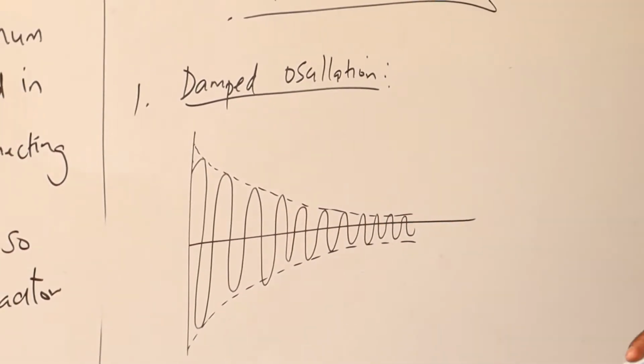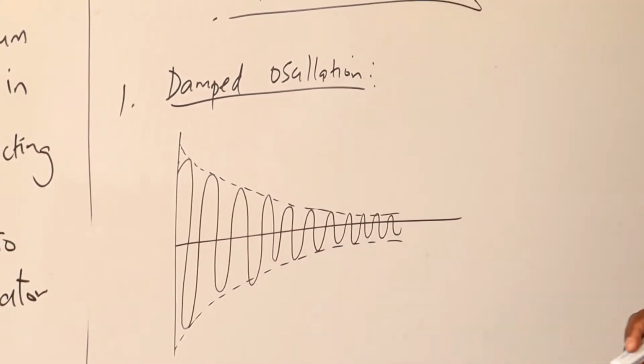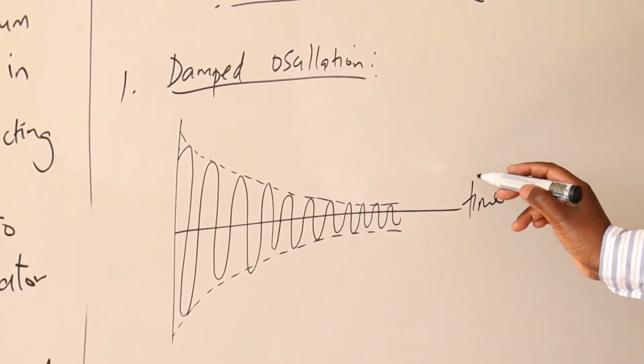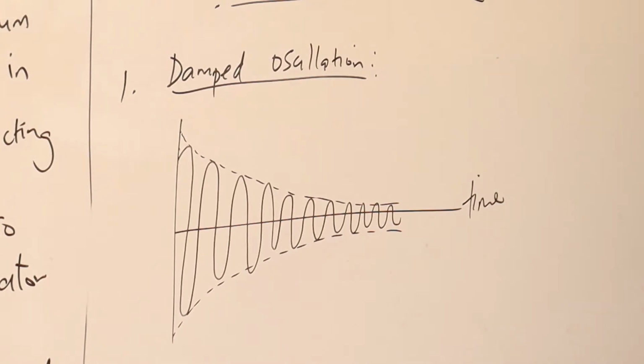So when you look at this, the peak of the oscillations reduces with time, and this tells us about what are referred to as damped oscillations.